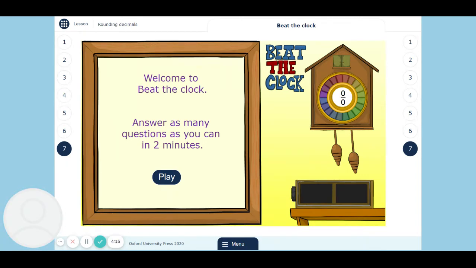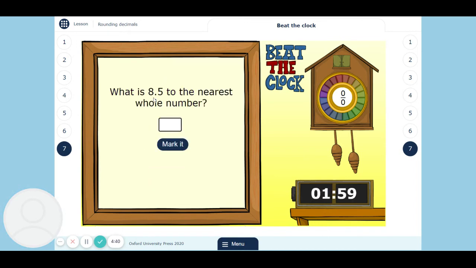But I will be very interested to see if anybody can beat whatever score I get now. I'd be giving people merits and things if you take a screenshot and show me a higher score in Microsoft Teams. Okay, so let's make a little competition of it. So answer as many as you can in 2 minutes.